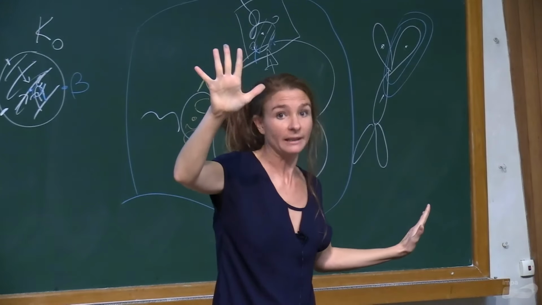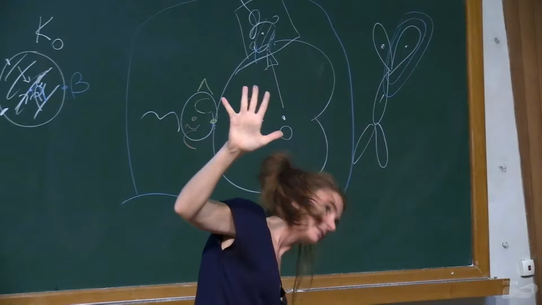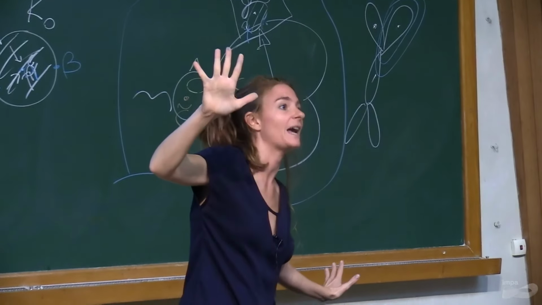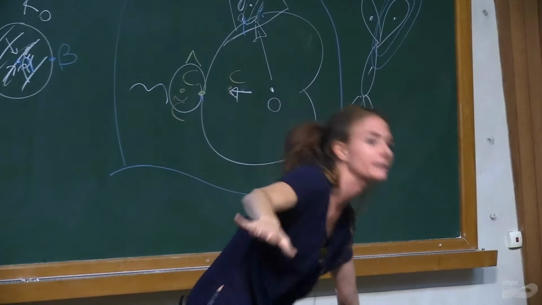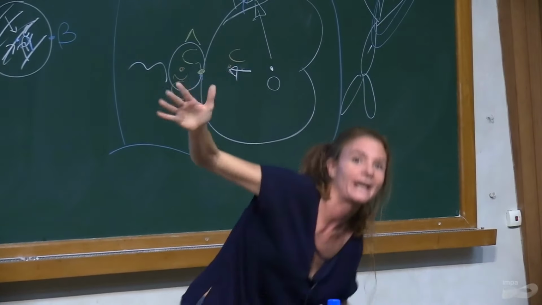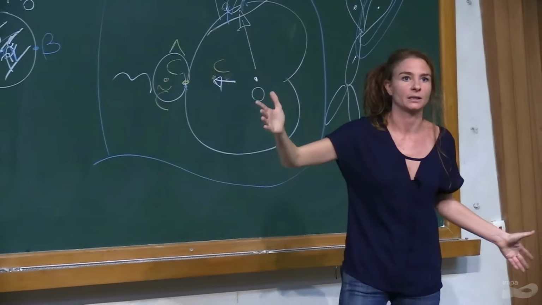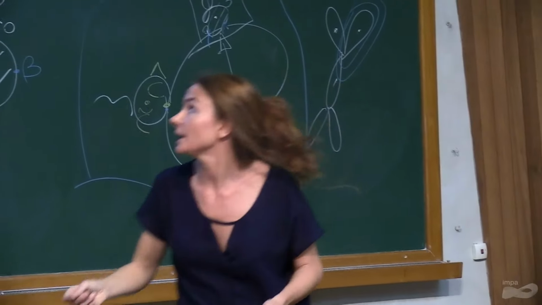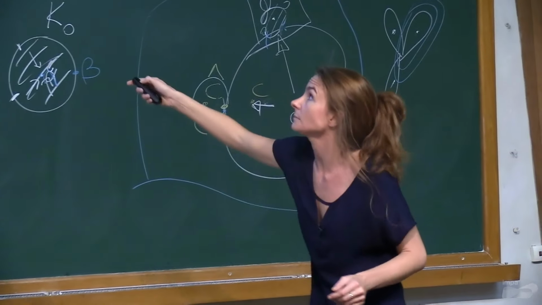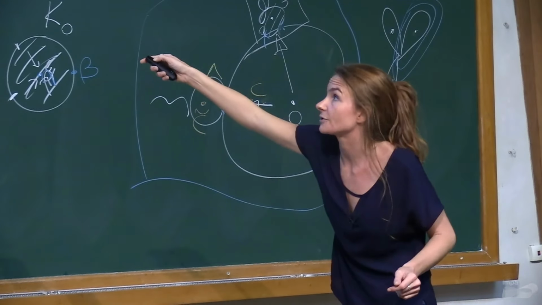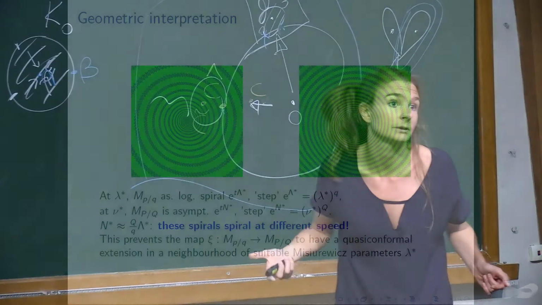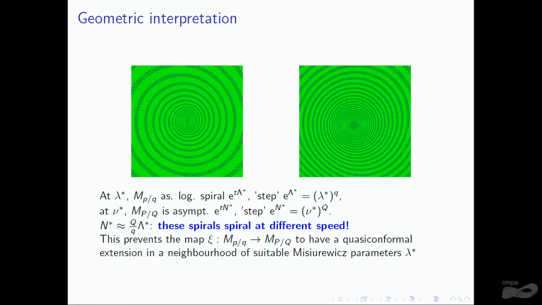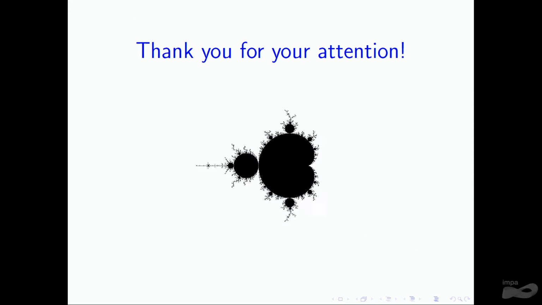Okay, you can do it. Then you zoom in again, and the ratio is even more different, and you can do it. But if you go to the limit, these ratios are too different, and it's not working. The problem being that these ratios of similarity are different. And this is the moral reason why you can't extend the map quasi-conformally in a neighborhood of the root. Thank you very much.